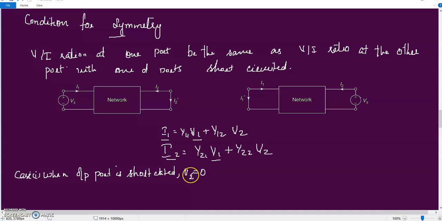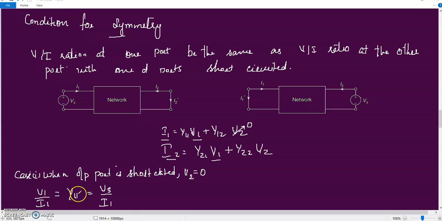So when the output port is short circuited, that means V2 is equal to 0, we have to find the V1 by I1 ratio. V1 by I1 is equal to Y11. V1 is Vs. Vs by I1 is equal to Y11.